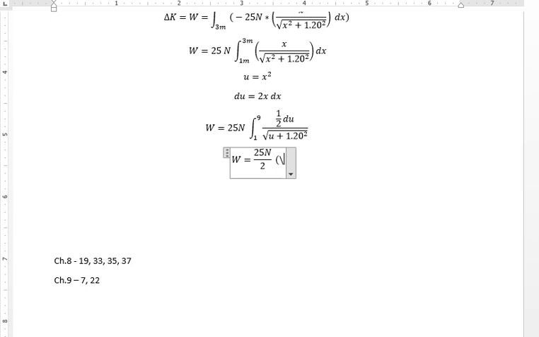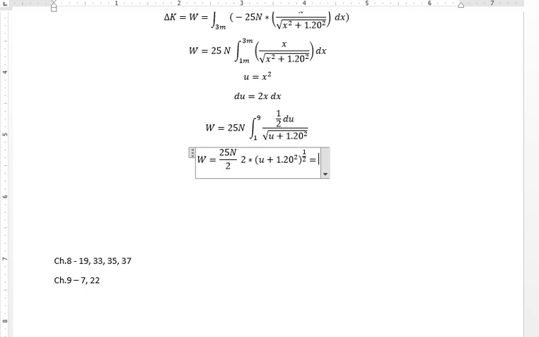If I take the derivative of this, I get 1/2 of u plus 1.20 squared to the minus 1/2, which is what we have here. That 1/2 cancels out the 2, and we get all happy here.